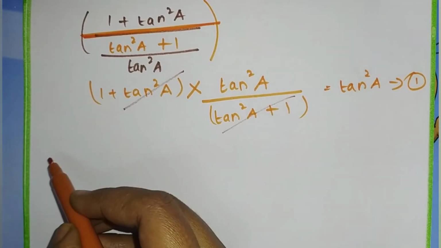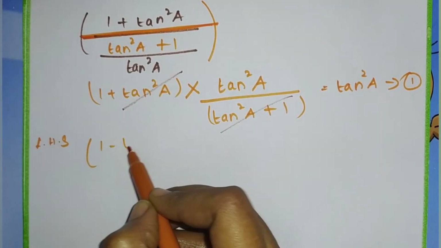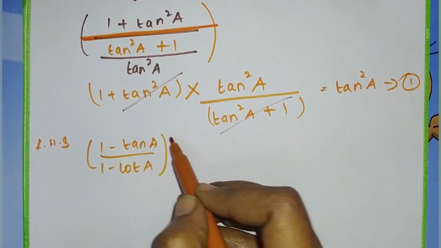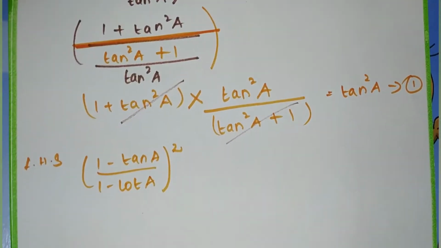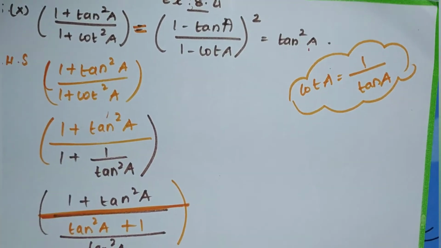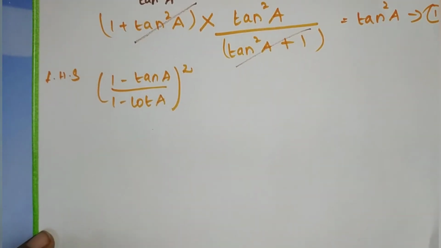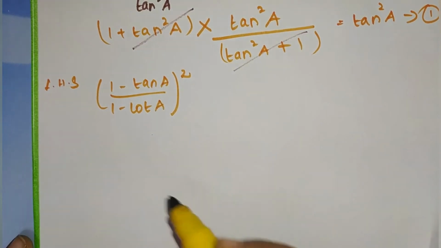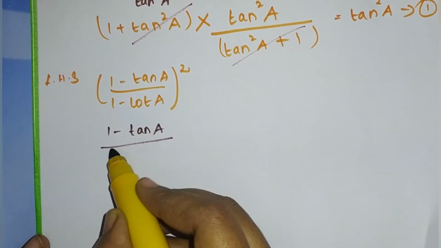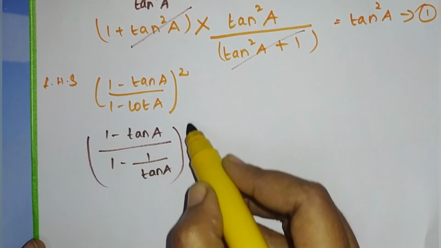And then next, which one you have to prove? That 1 minus tan A divided by 1 minus cot A, the whole square, is equal to tan square A. Again, this you have to prove as tan square A. Here also I am not going to change tan, I am going to change cot alone. So 1 minus tan A divided by 1 minus 1 by tan A, the whole square.